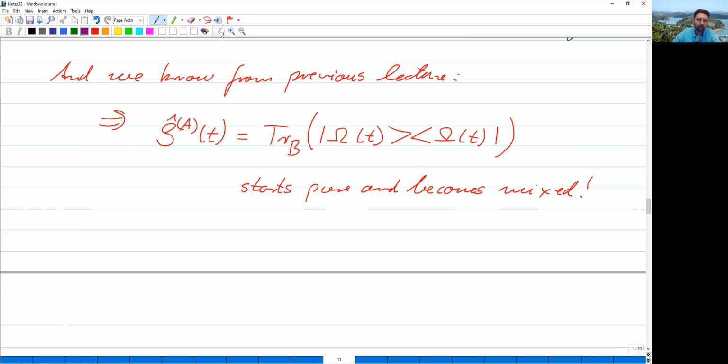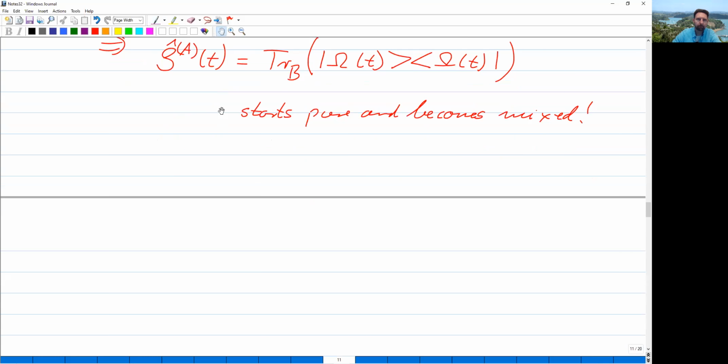Let me sketch the physics of this. Let's say we have two systems, system B and system A. Remember, B could be a measurement apparatus for system A. And then they evolve, at first relatively freely.